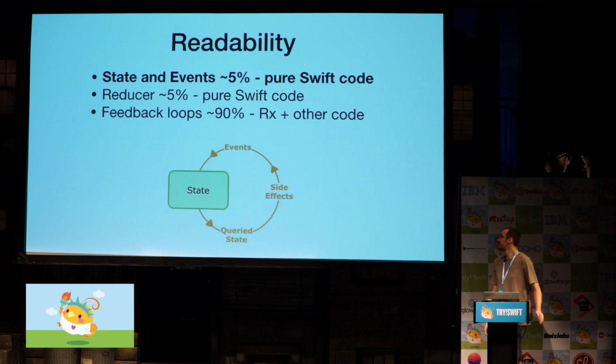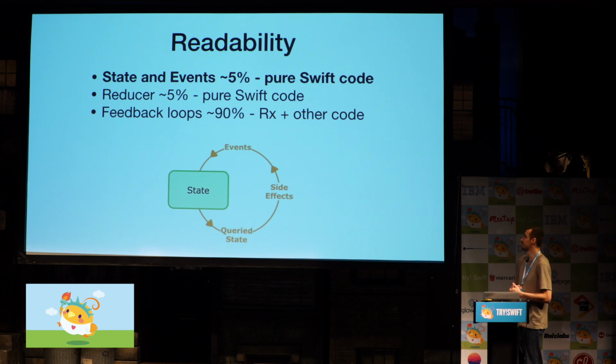OK, so the next thing is, from this diagram, I don't think anybody can figure out the percentage of code in each of those parts. The really important thing, and we've proved it empirically, is that state and events, which are pure Swift code, are on the order of 5% of your code base. And that is really, really small. That small Swift code actually contains a really high level abstraction of your entire system, and it's really easy to read.